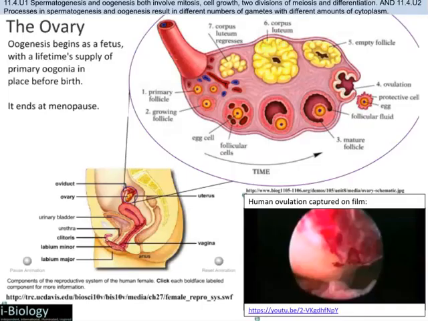Now we're going to move on to the ovary and how oogenesis creates new egg cells in the ovary, and how does this differ from spermatogenesis? That's the important key here, is you've got to really take note of these differences that are happening.